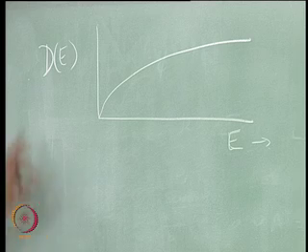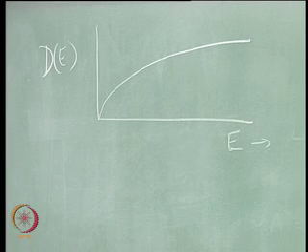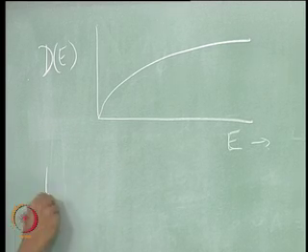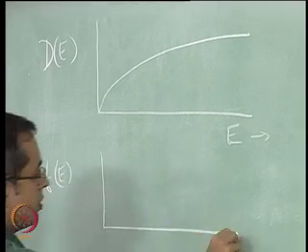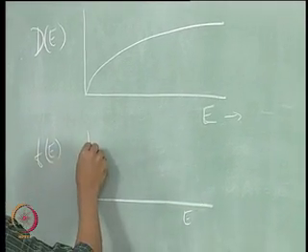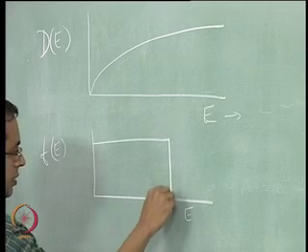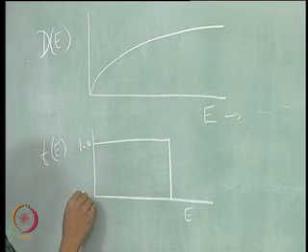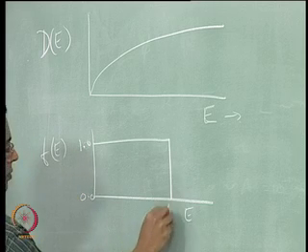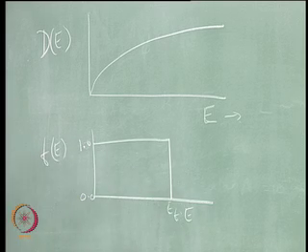So this is the density of allowed states as a function of energy, right. We also wrote f of E as a function of E, and that we saw behaved like this. Fine. So this is how the two of them behave.